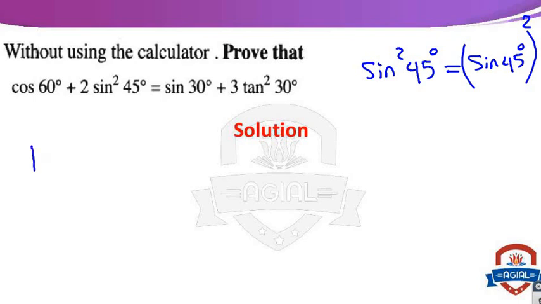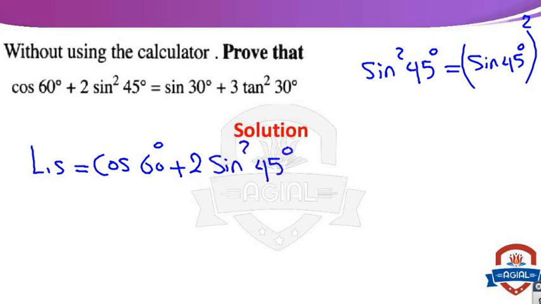At first, left side equals cosine 60 degree plus 2 sine square 45 degree. Cosine 60 degree equals what? Equals half, excellent. Half plus 2 times sine 45 degree, which equals 1 over square root of 2, squared.